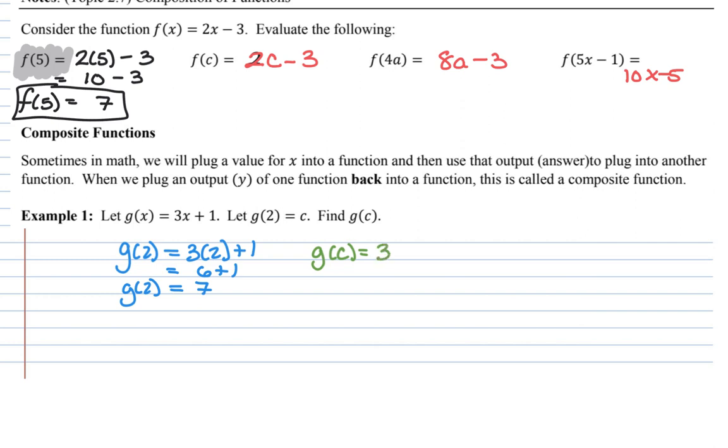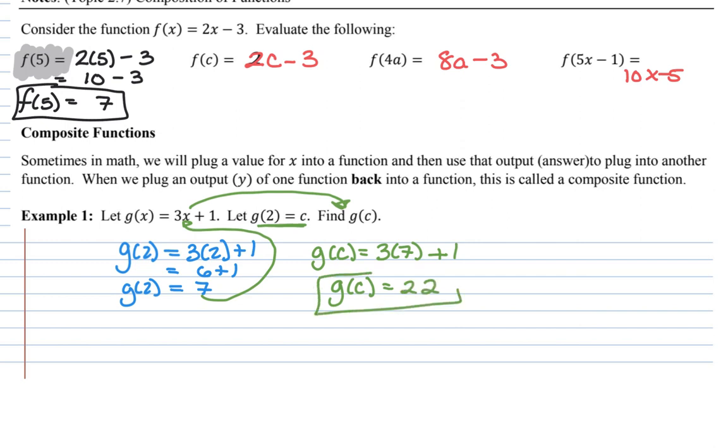So now you're going to have 3 times that 7, because you're double plugging in. Think of it as plugging in to find this function, because they're telling you whatever you got for that is equal to c. Plus 1. And now you know that g of c is going to be 22. That would be your answer.